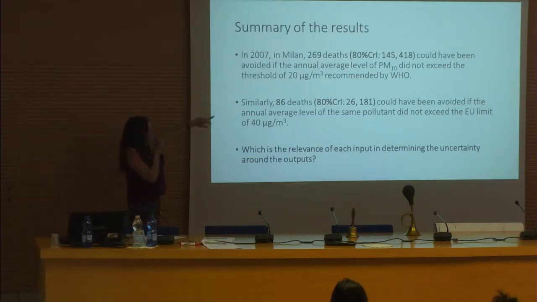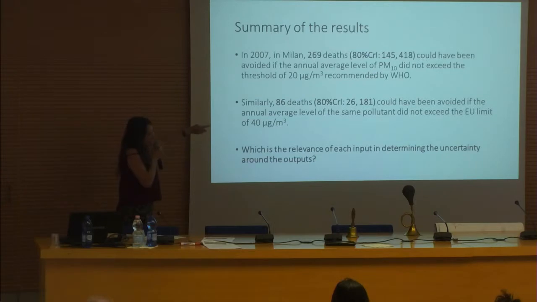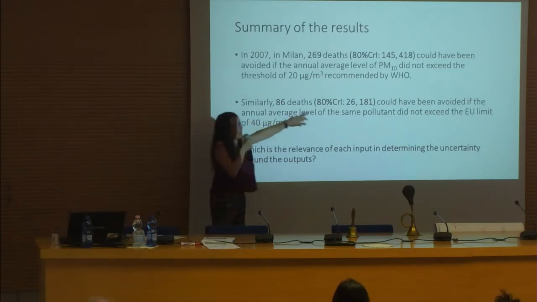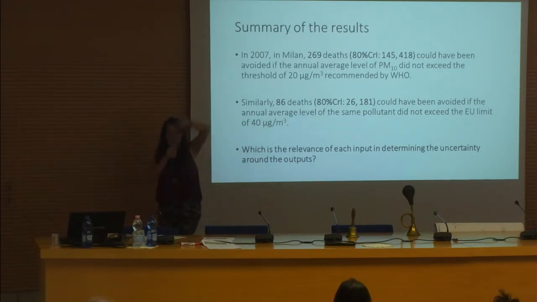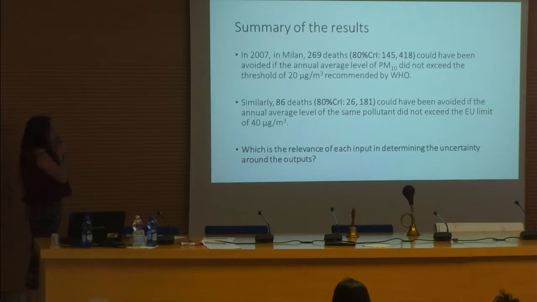Similarly, 86 deaths could have been avoided if the annual average level of the same pollutant did not exceed the European legislation limit of 40. As you can see, I can calculate, according to the distribution of the output, a credibility interval for the two impacts.